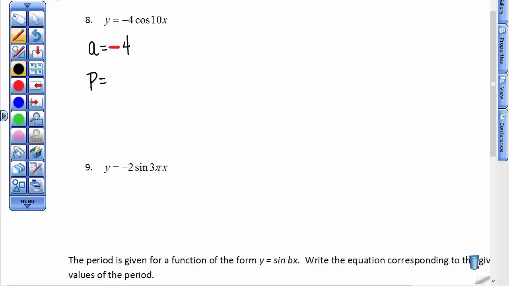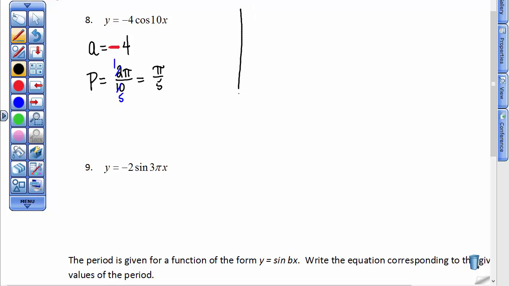So I just put that negative sign in there. 2 pi divided by the coefficient in front of x, which is 10. 2 over 10 is 1 over 5, or just pi over 5, because 2 goes into here once and into there 5 times. So the period is pi over 5.